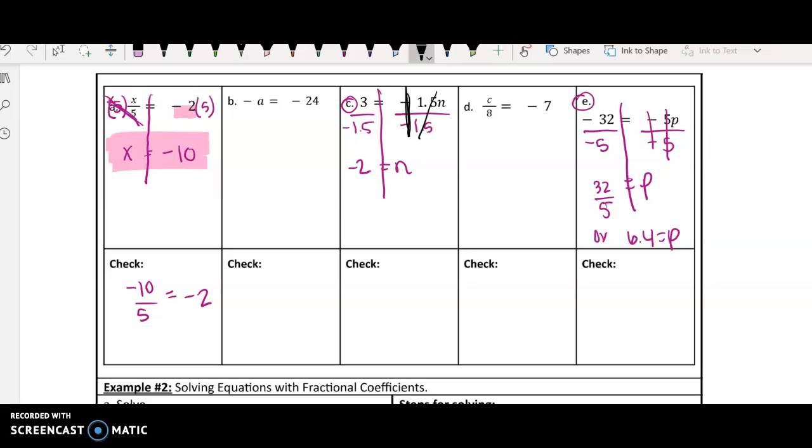So let's check our work here. So we need to see if -1.5 times -2 equals 3. And if it does, we got the equation right. So 2 times 1.5 is 3. So this does equal +3, which is what we wanted.